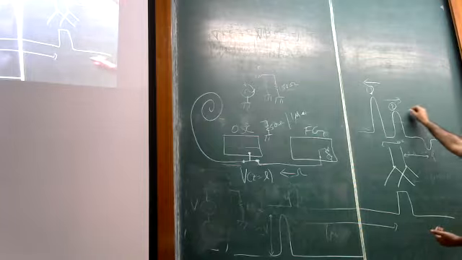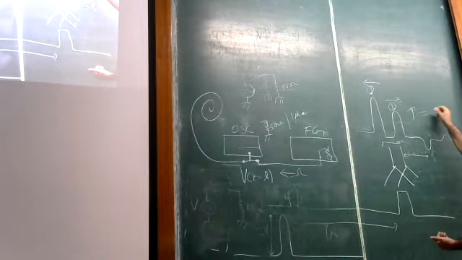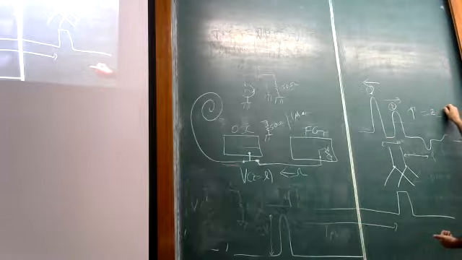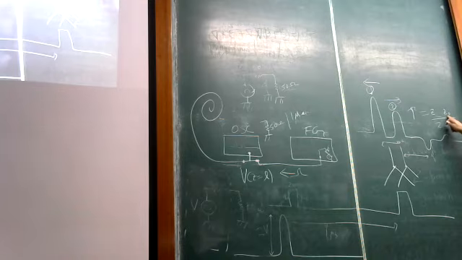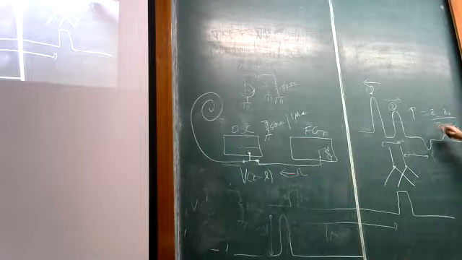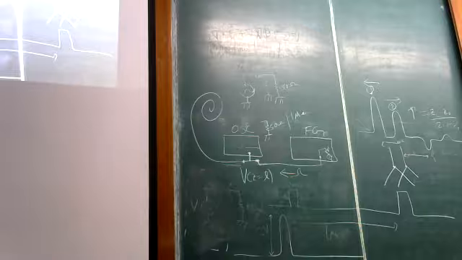So gamma is Z load minus Z naught over Z load plus Z naught. Whenever Z load is less than Z naught, gamma has a negative sign, and whenever it is greater, it is positive, with infinite and short being the extreme cases.